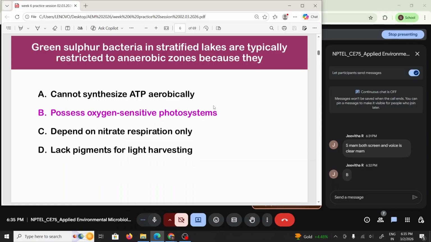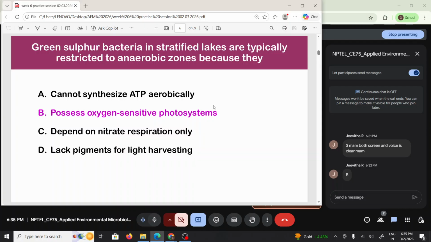And one more interesting fact is that green sulfur bacteria also perform anoxygenic photosynthesis. Oxygenic means it will generate oxygen. In photosynthesis we know carbon dioxide will be taken up, while oxygen will be produced in the process.